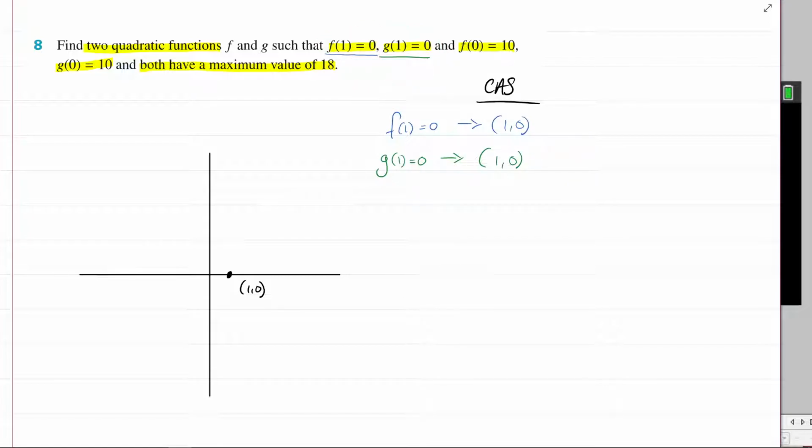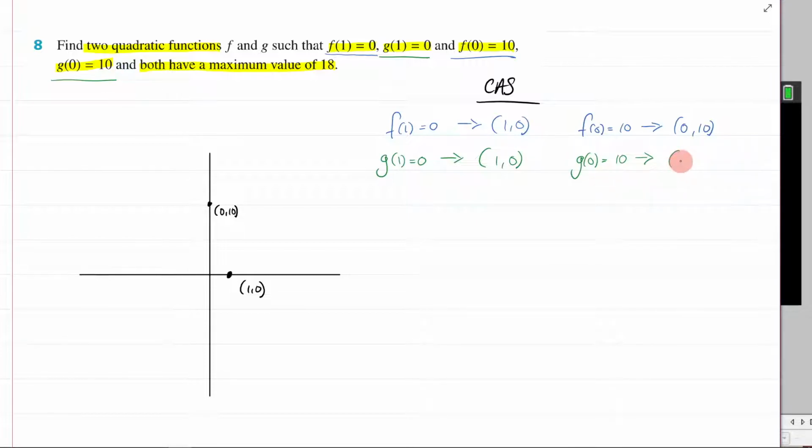So the next thing we're told is that f of 0 is equal to 10. f of 0 is equal to 10. What's that mean? That means that when x is 0, y is 10. So that means I have a y-intercept this time, and it's going to be here. That's going to be (0, 10). And what else are we told? We're told that g of 0 is equal to 10. g of 0 is equal to 10.